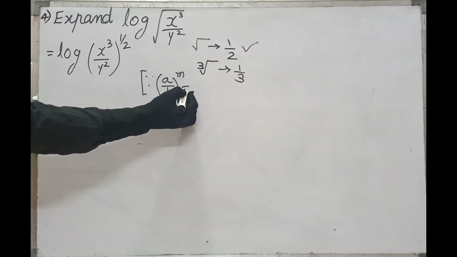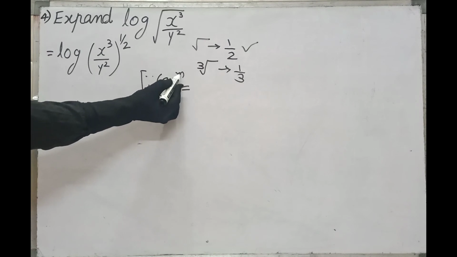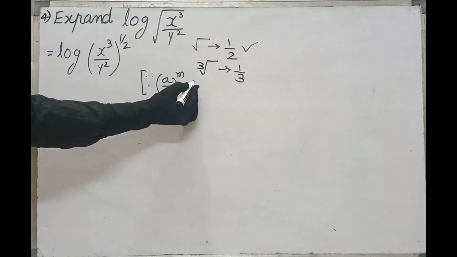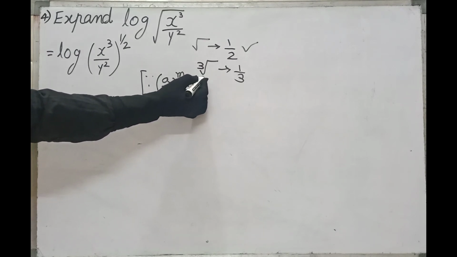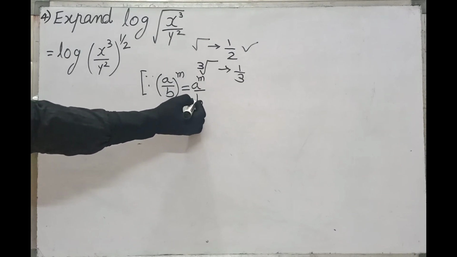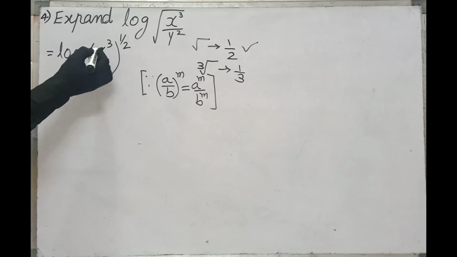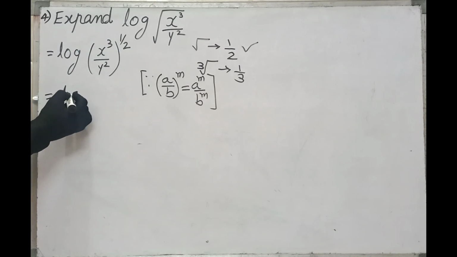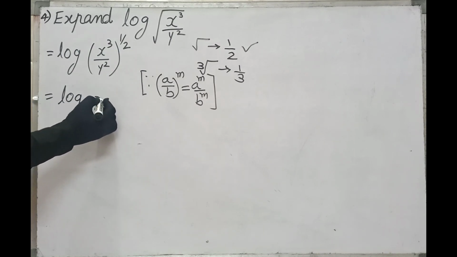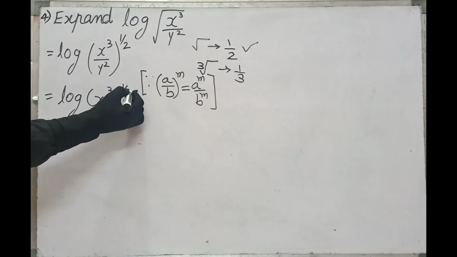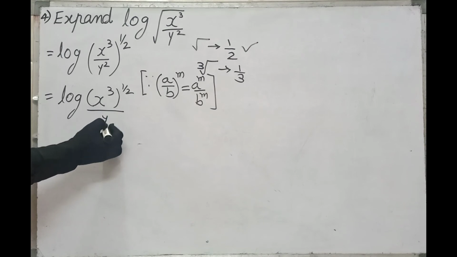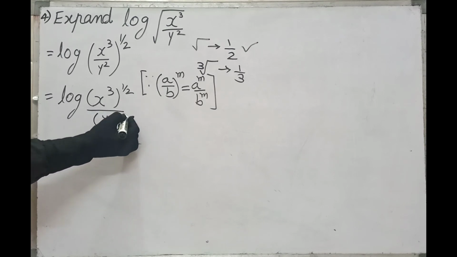So what can we write? We can open this bracket and write it as a power m by b power m. Okay. So this 1 by 2 will get inside the bracket. So it becomes log x power 3 whole power 1 by 2 by y square whole power 1 by 2.